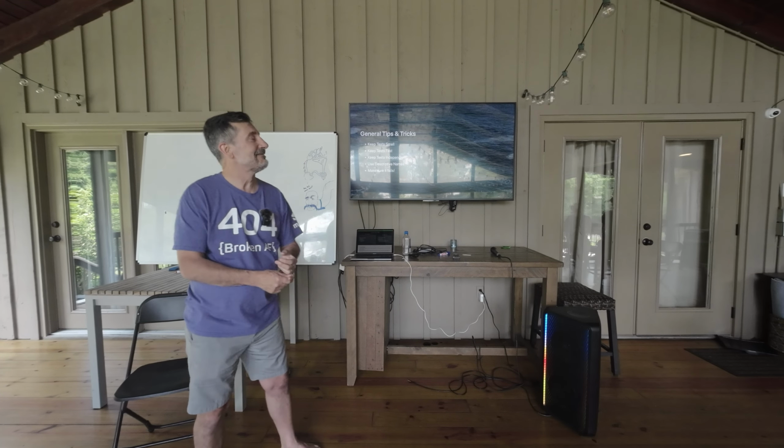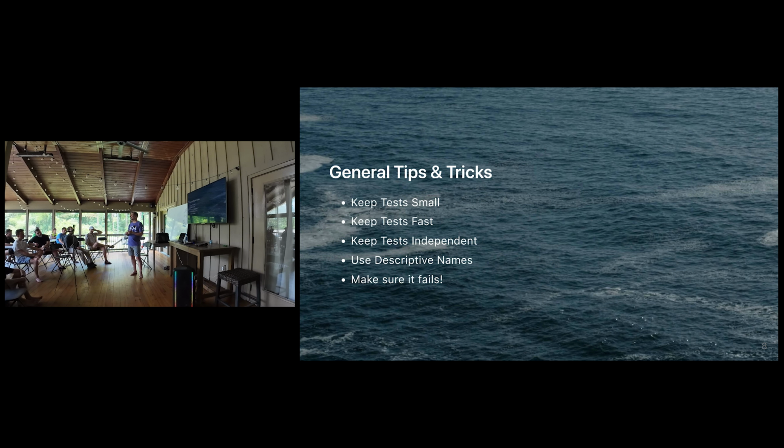General tips and tricks for testing. Keep your tests small. Don't test a lot of things in each test, right? Because that makes it hard to figure out, if they don't work, which one is failing. Make sure they're fast. Nothing makes people stop running tests as much as tests that are slow. If you have slower tests, you can segregate your test suite into faster tests and slower tests potentially.